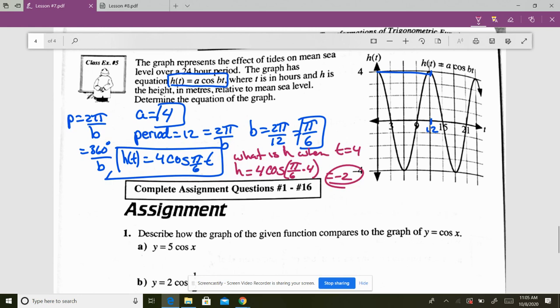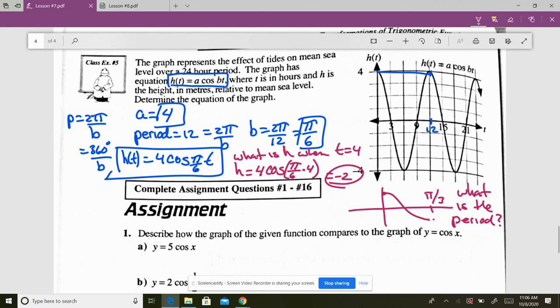One other thing that'll help you on question, I think 7, question 10, this will help you on. So if I have a graph and I give you this, and I say, what is the period?